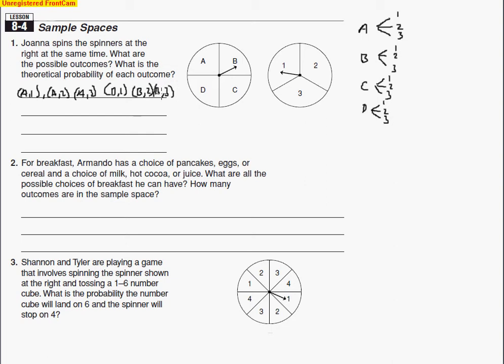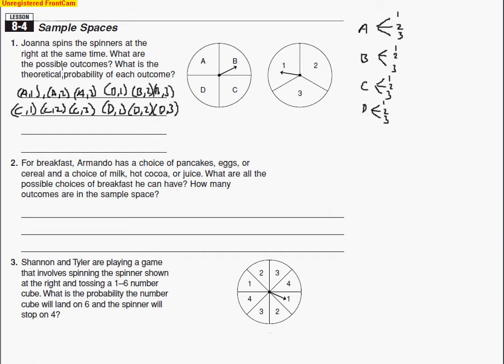So those are the first 6 different possibilities. And then the next one would be C, comma 1, C, comma 2, and C, comma 3. And the last one would just be D1, D2, and spinning a D and a 3.